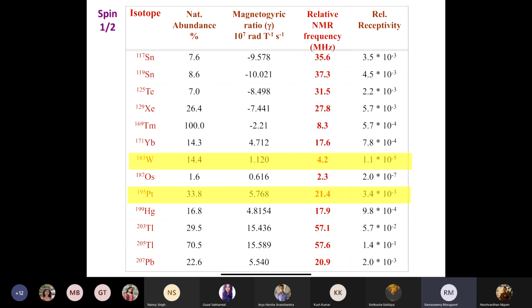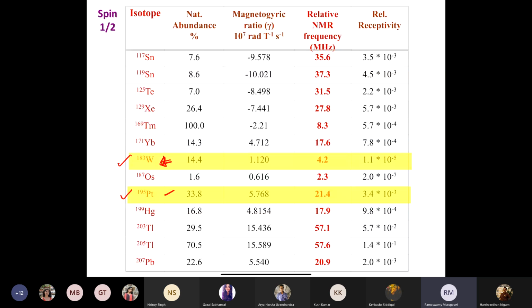I'm having a part 2 of the table again to bring in a few important nuclei or isotopes which are of immense importance or utility to inorganic chemists, especially when it comes to biology, material science, or catalysis. Tungsten and platinum are two elements which are often used as Schrock-type catalyst, Schrock metathesis catalyst made up of molybdenum and tungsten.